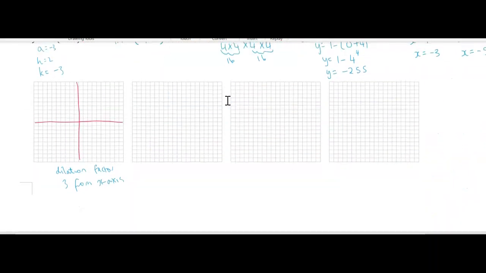All right, so I'm just going to draw a quartic that's kind of narrow. Okay, then I'm going to do my reflection. So it's been reflected along the x-axis. So this graph just now is upside down.